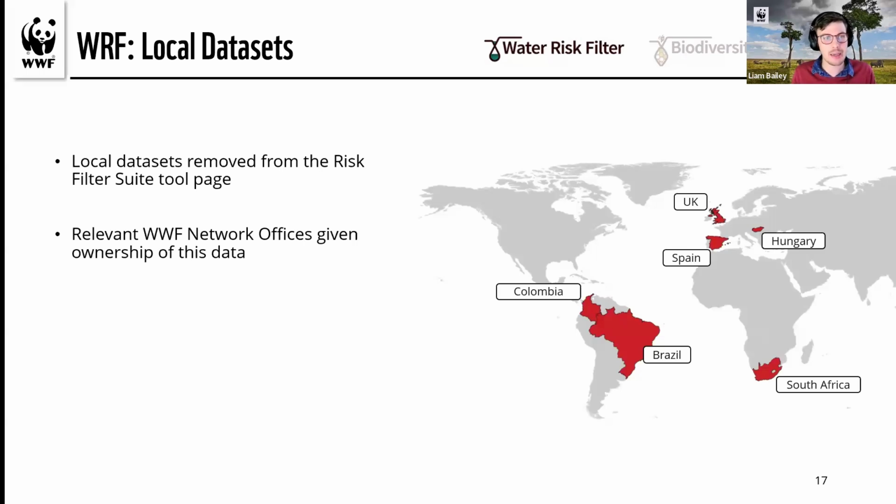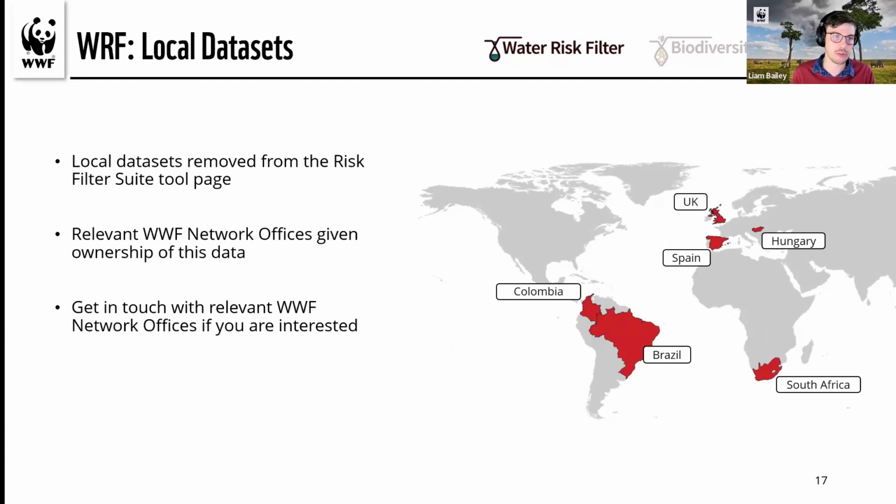You can see on the map here the areas where we have network officers maintaining the data going forward. And if you're interested in finding more about this, you can contact these network officers and get a little bit more detail, especially if you may be dealing with sites that are all in one country, which our tool is not very well designed to deal with.